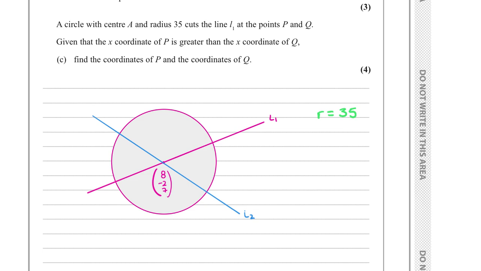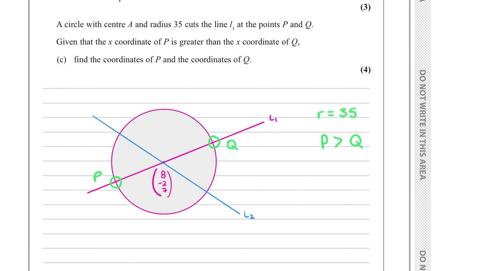And L1 cuts the circle at the points P and Q. Find the coordinates of P and find the coordinates of Q, given the x-coordinate of P is greater than the x-coordinate of Q. Okay, so if it has a radius of root 35, what does that tell me? It means the magnitude is root 35, from here to here.